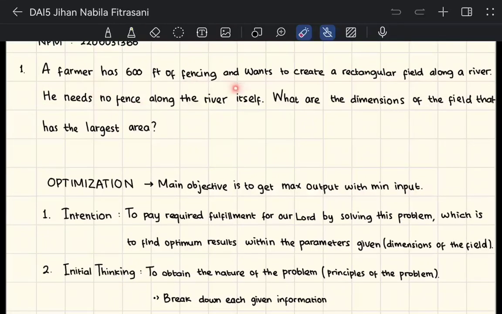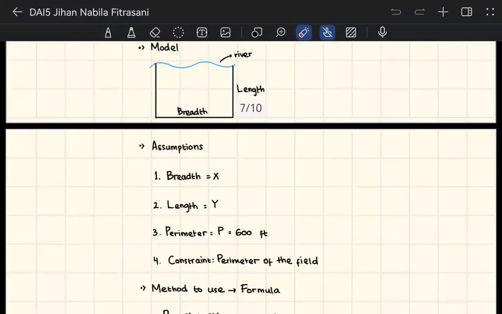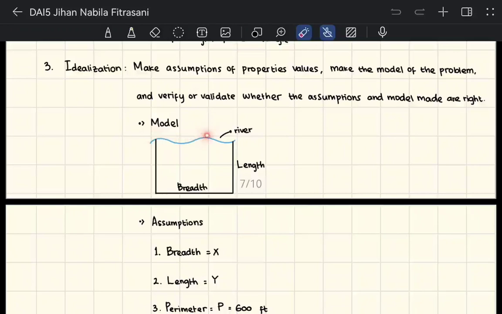He needs no fence along the river itself. So this is the river and this is the rectangular field. Since we don't need fencing along the river, we will only have two lengths and one breadth.